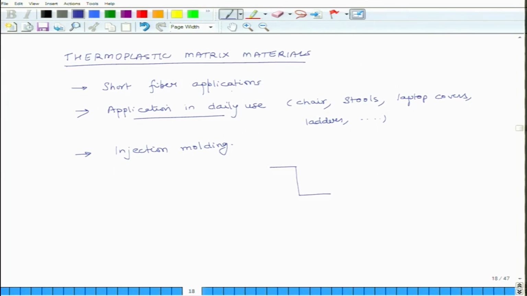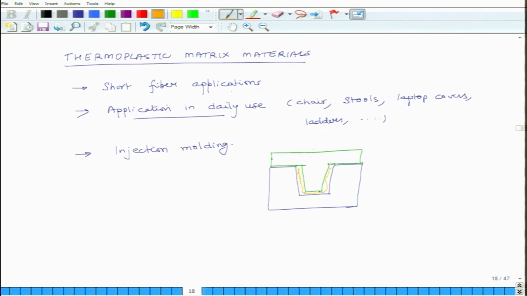This mold will have typically two parts. This is a block of steel, and then on that you will put another block of steel. So, what you have here is a cavity.